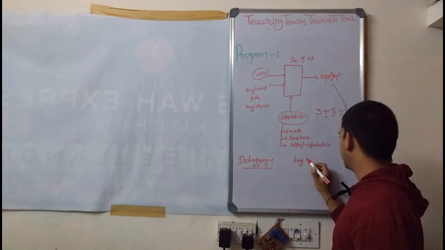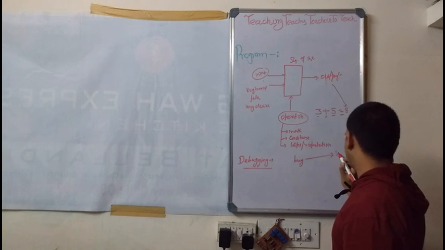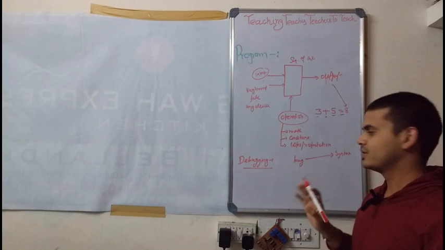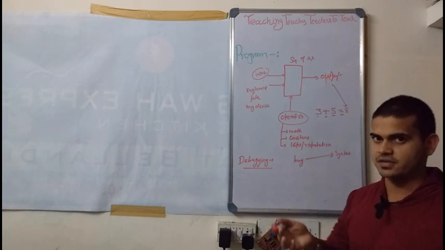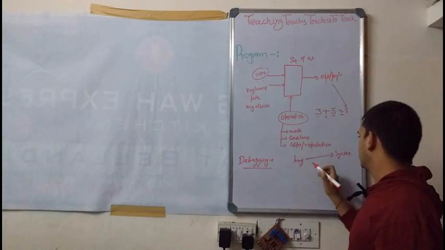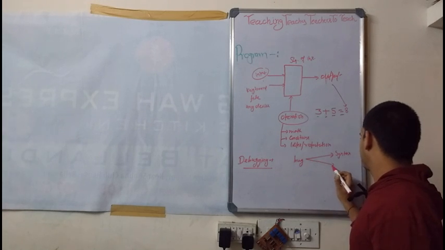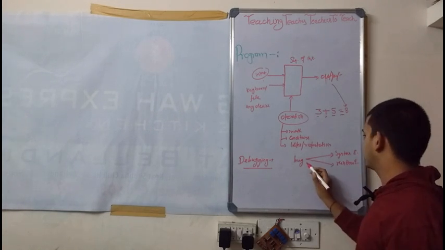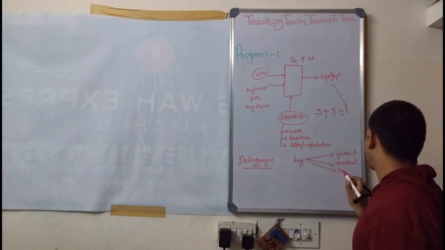A bug can be a syntax error, but the programmer will see this, there is no need for the testers. Then runtime error, and semantic error.